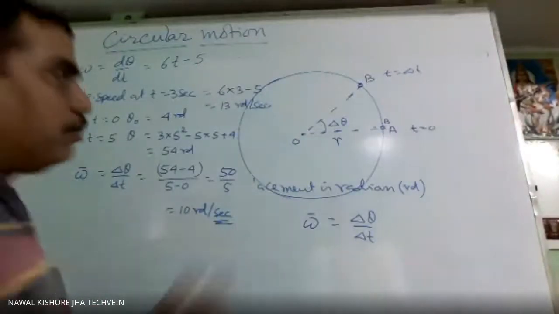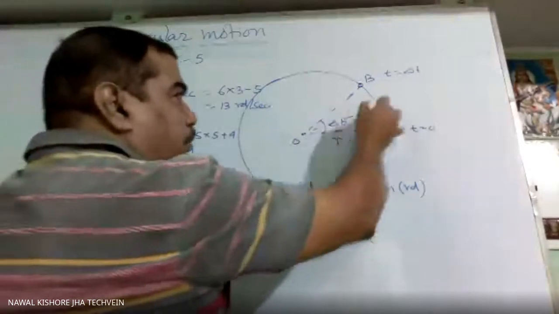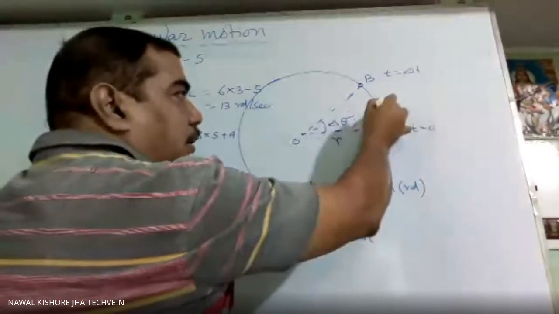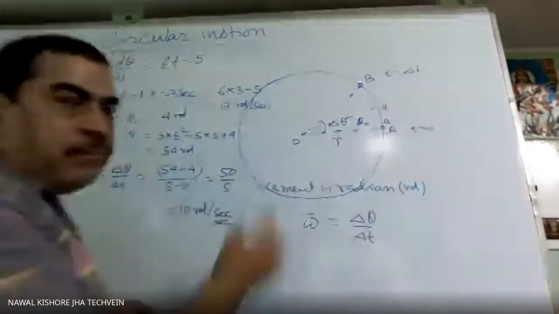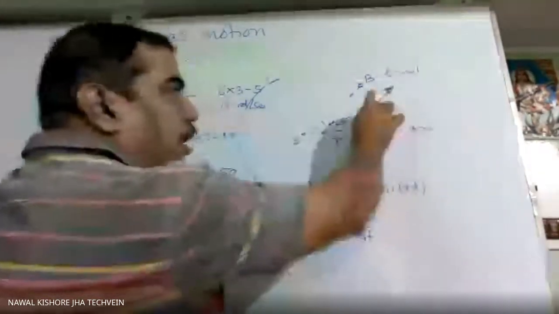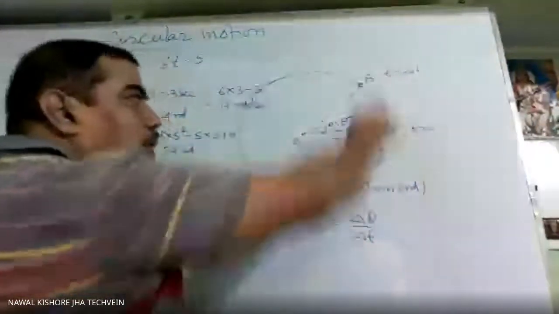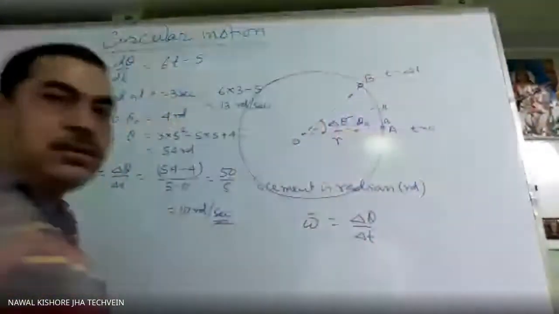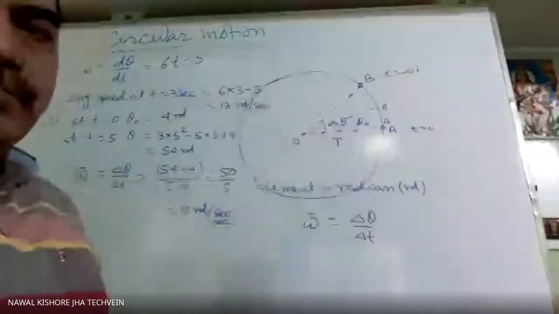Suppose we start observing here and the reference line is this one. At t equal to 0, the particle is here at point A. So this is theta 1 or theta naught. The reference line is this one and the particle is here. Now after giving 2-3 rotations, it has come to this place. For each rotation, 2 pi radian will keep on adding.